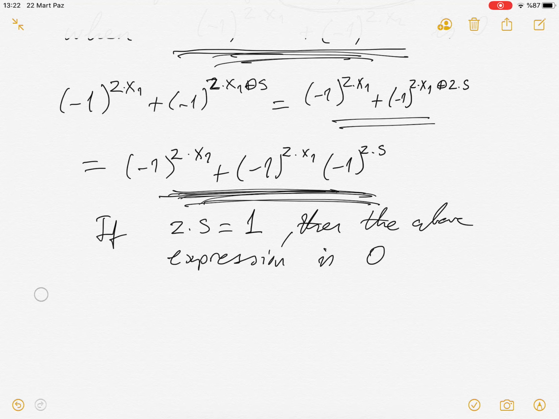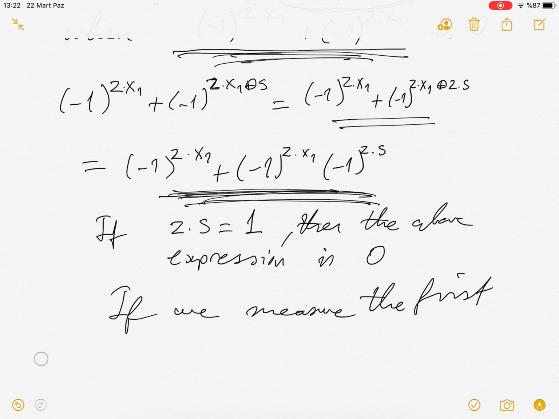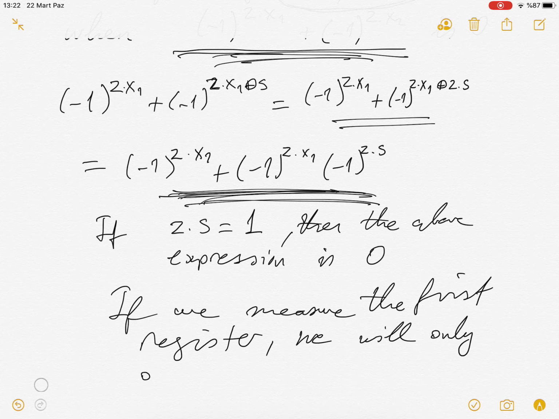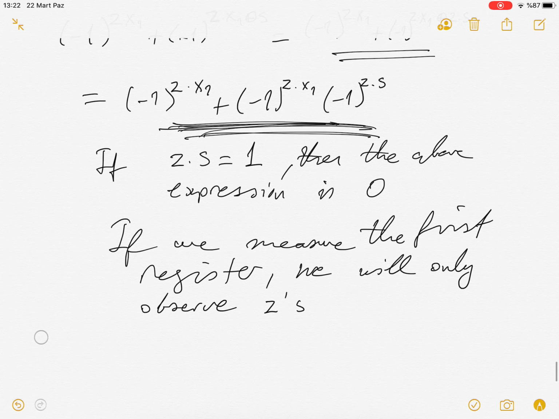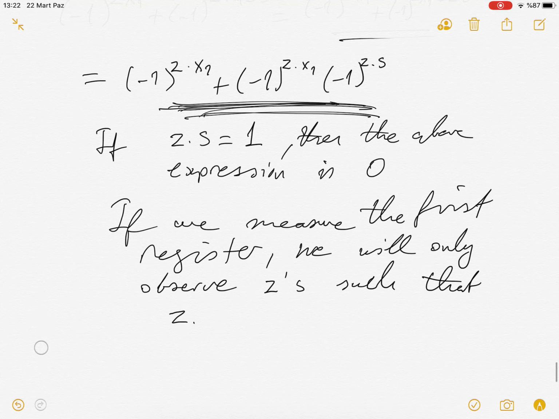That means if we measure the first register, we will only observe z's such that z·s is equal to 0.